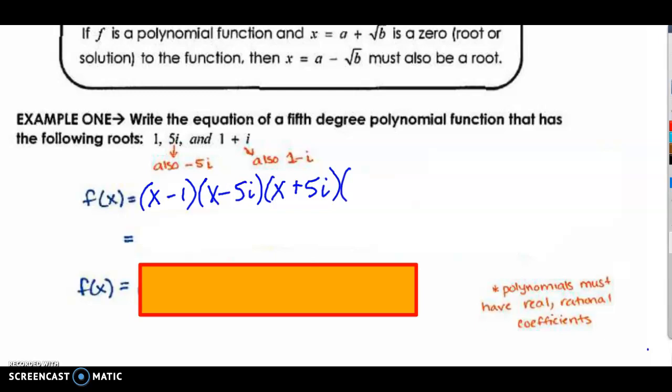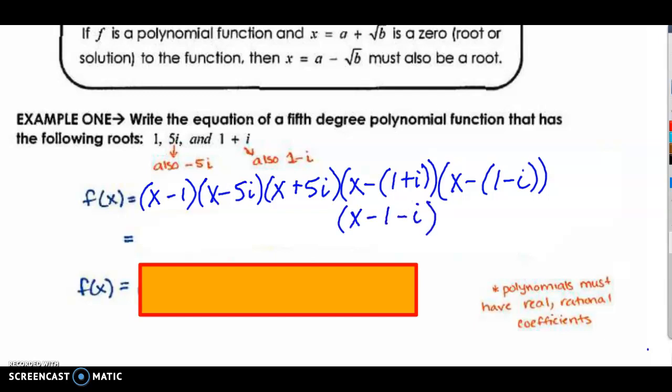So we're still subtracting these roots. So x minus the first root is 1 plus i, and then x minus the second root is 1 minus i. So what happens is this is really x minus 1 minus i, and that's because we have to distribute this negative to everything inside that parentheses, including the i.